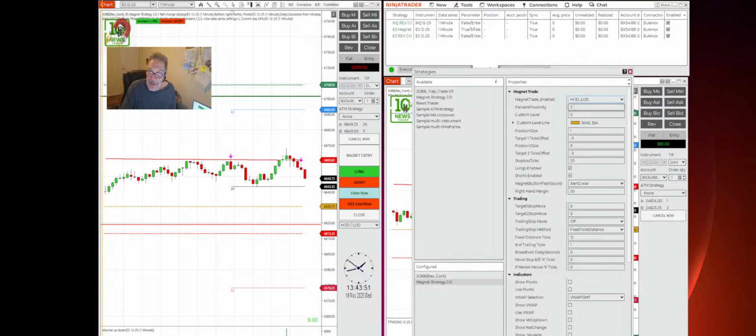High of day, low of day, proximity is 3. I'll trade a couple of contracts. A 40 stop. 30 stop.